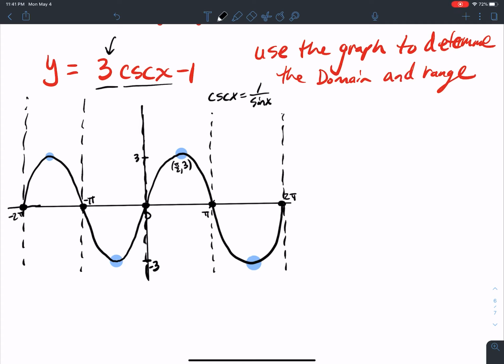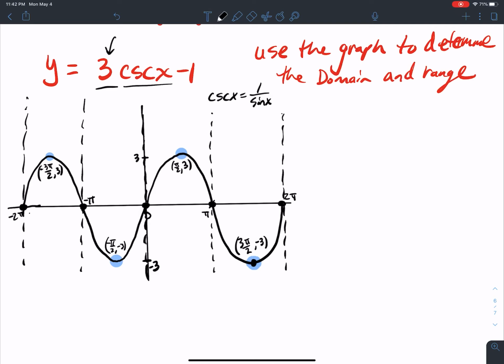And then here this is 3 pi over 2 comma negative 3. And this one is negative pi over 2 to negative 3. And then over here we got negative 3 pi over 2 to 3.